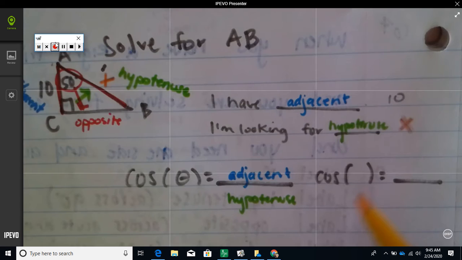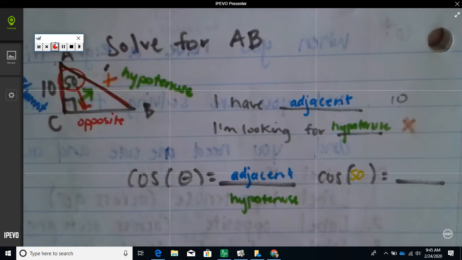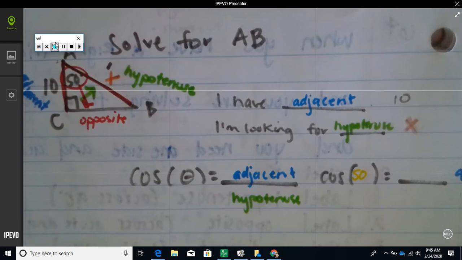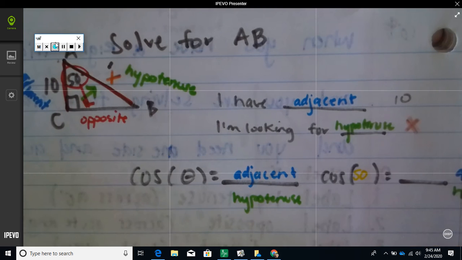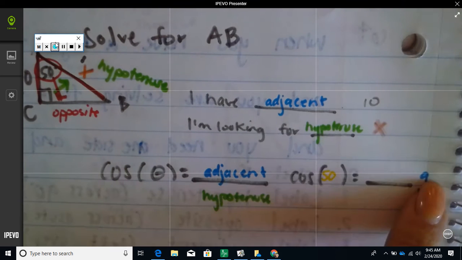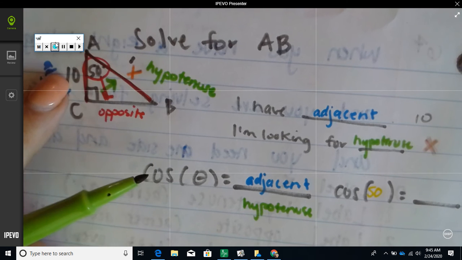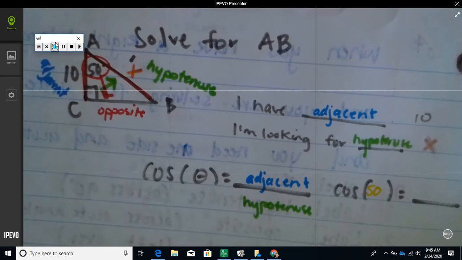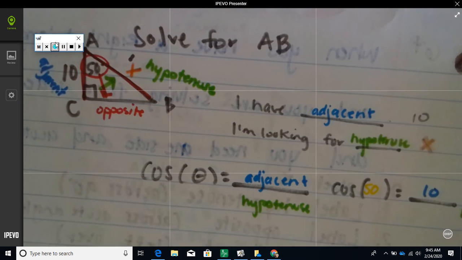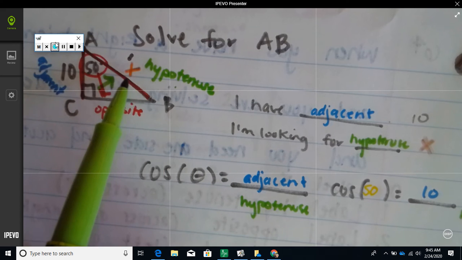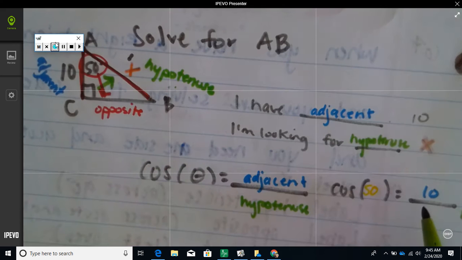Alright, so then it's going to be adjacent over hypotenuse. So in this problem, the adjacent, do you see how I labeled the adjacent? That's why adjacent is 10. So then I put 10 over the hypotenuse. The hypotenuse is here. What's the hypotenuse? X. You put X. So then you have to solve for X.